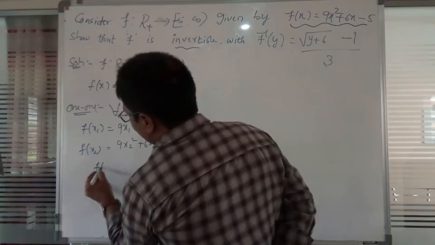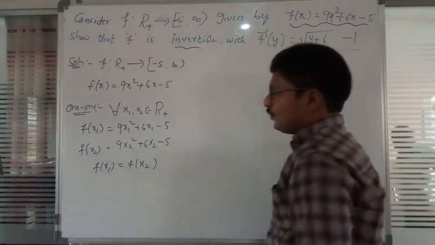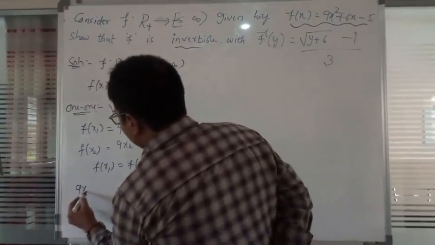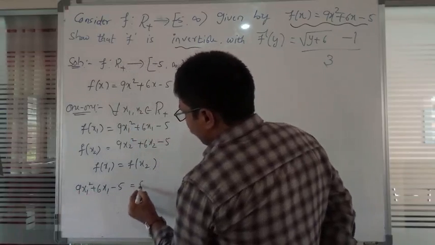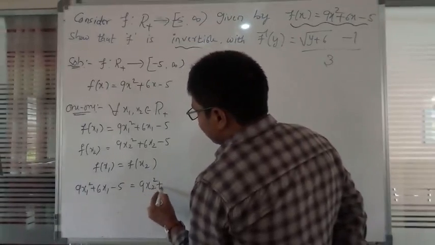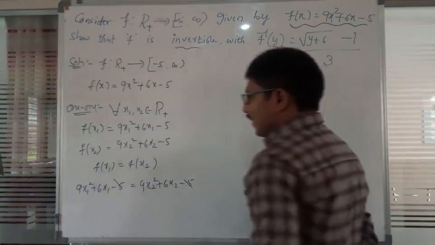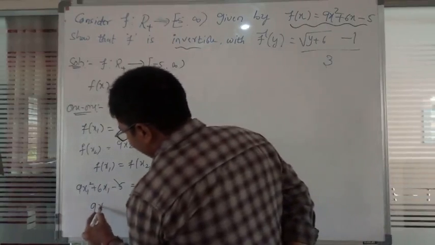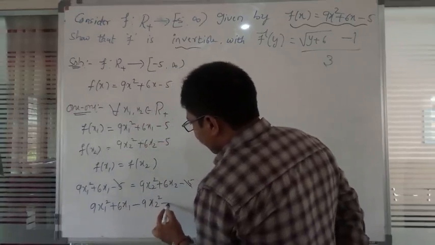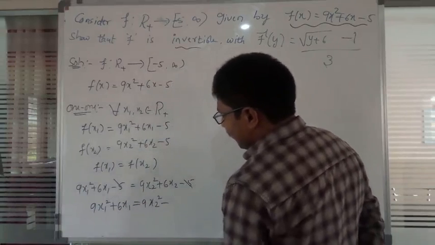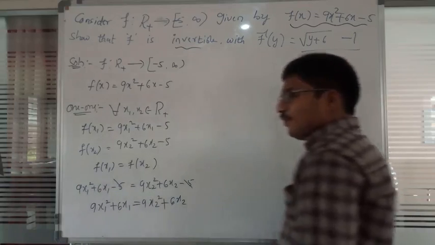To show f of x1 equals f of x2 implies x1 equals x2: 9 x1 square plus 6 x1 minus 5 is equal to 9 x2 square plus 6 x2 minus 5. The minus 5 cancels on both sides. These values are shifted to the LHS.